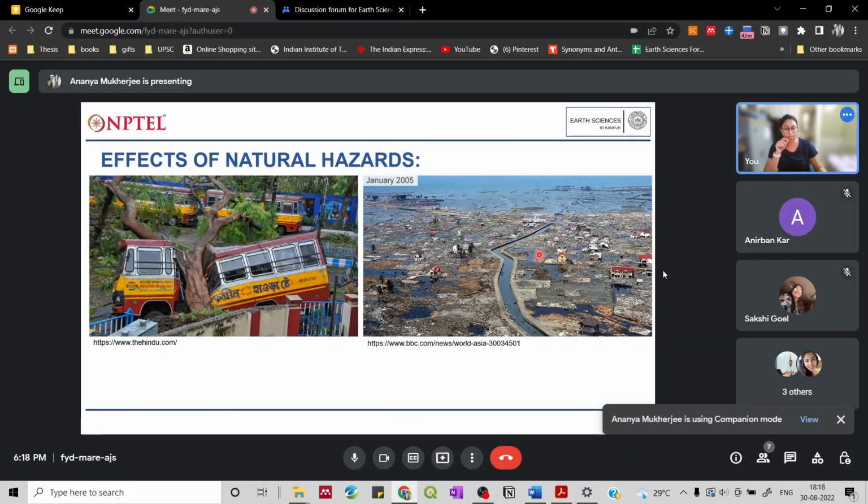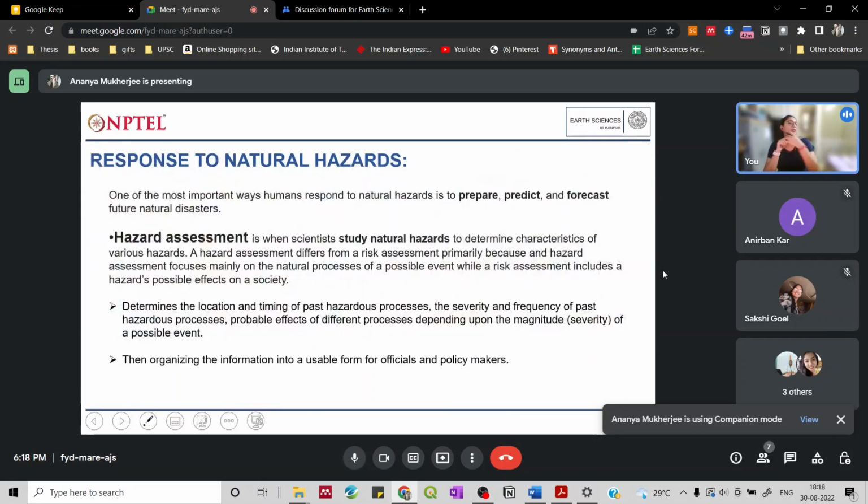So that is why we have to understand how natural hazards occur, what are the possible effects that can happen around that place, and how we can mitigate the effects, how we can prepare ourselves better to handle such events. Right now, at such an age, we really need to be very responsive to such events when they occur.